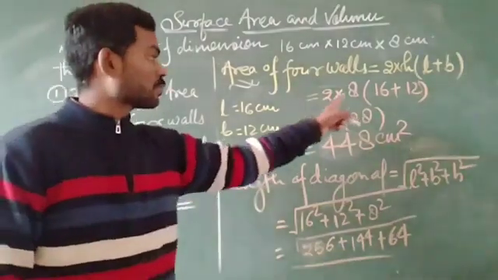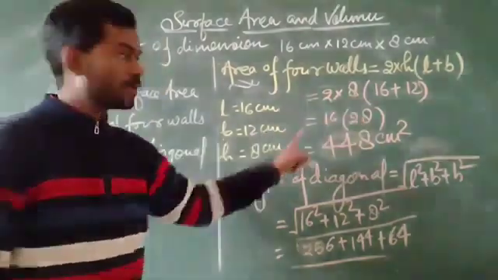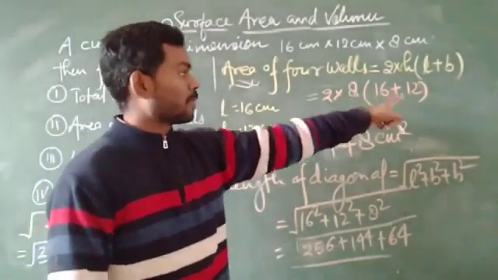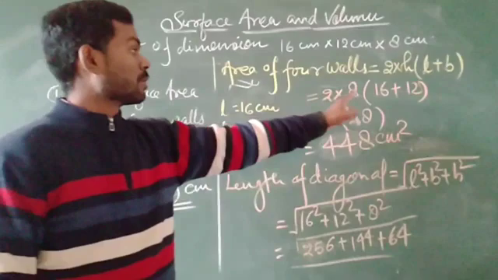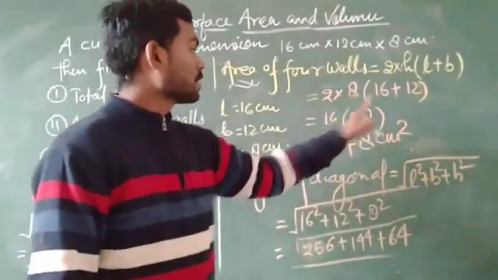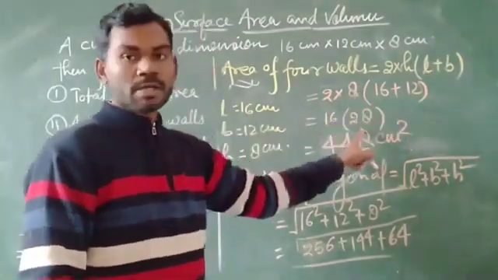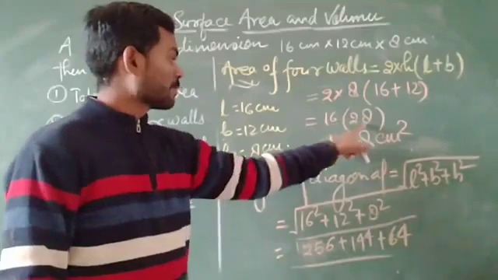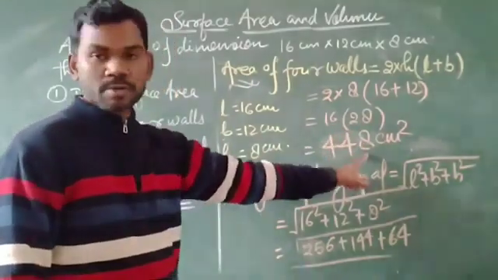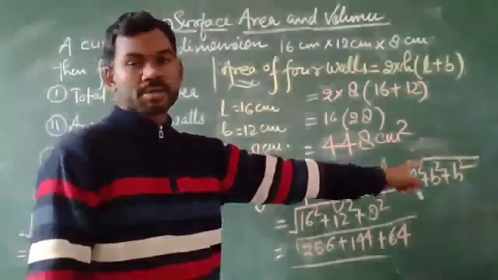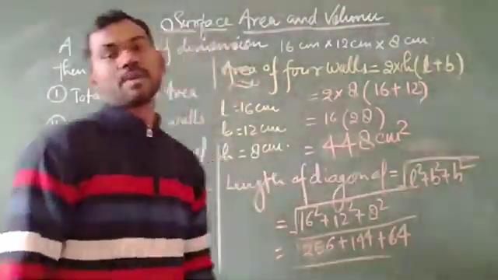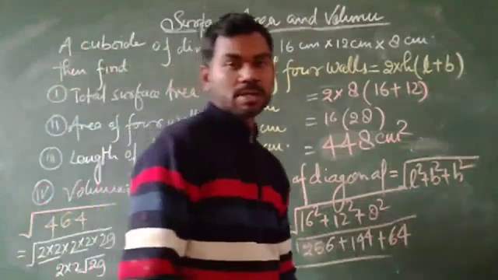So we write 2 into 8 into 16 plus 12. 16 plus 12 is 28. Now 16 multiplied by 28 is equal to 448 centimeter square. So 448 centimeter square is the area of four walls. I hope the area of four walls is clear.